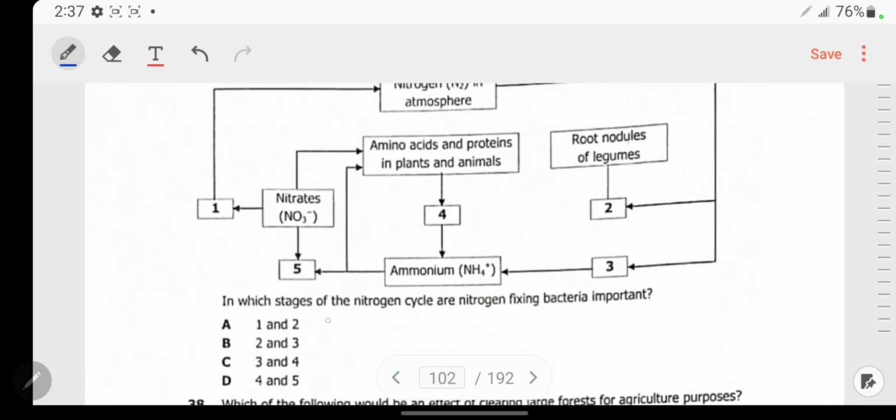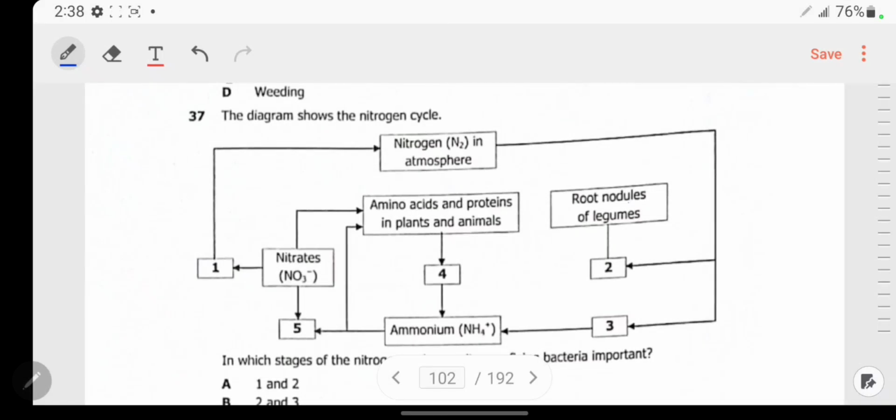We are asked, in which stages of the nitrogen cycle are nitrogen fixing bacteria important? They are important in stages 2 and 3, because stage 4 is more like these could just decay.